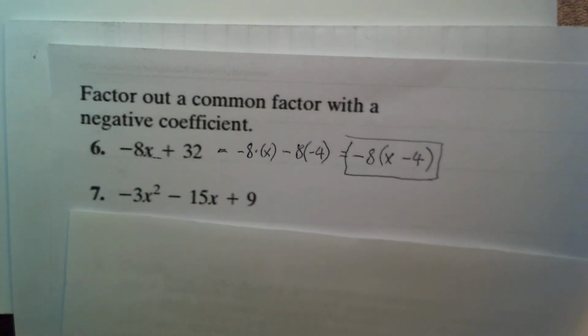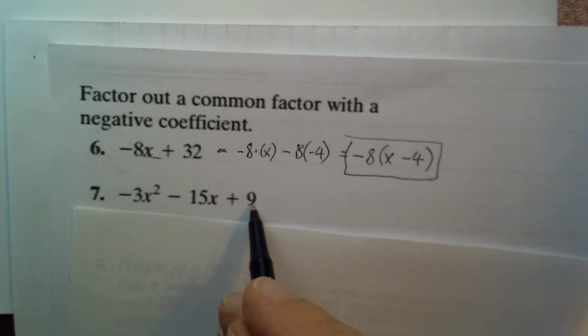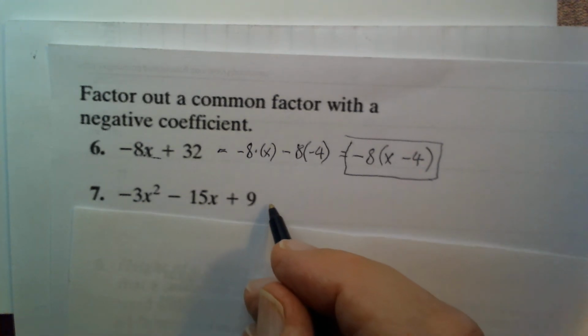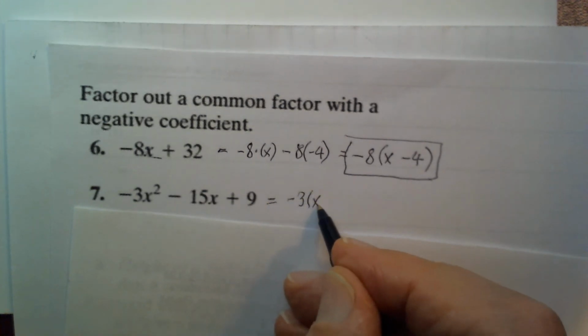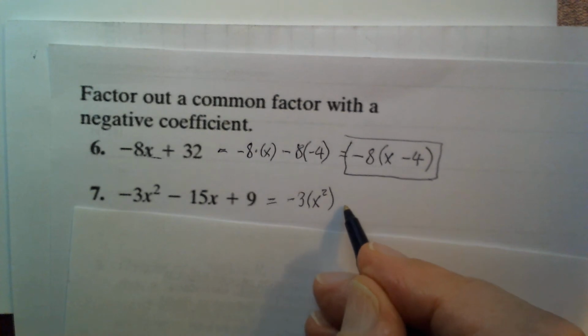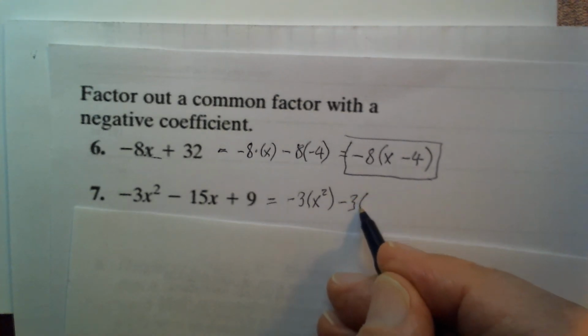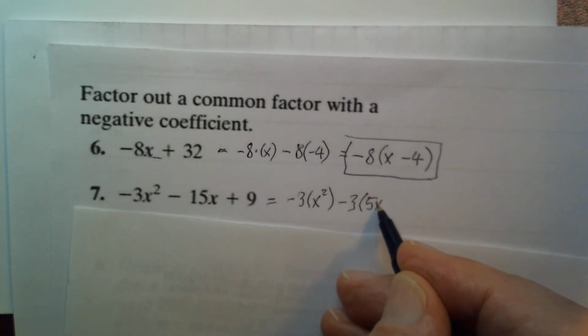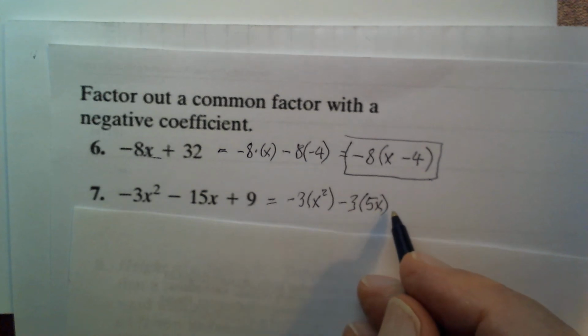And in a similar way, number 7, so 3 is a common factor to each term. So then we have a minus 3 times x squared. And we have a minus 3 times 5x, because minus 3 times 5x is minus 15x.